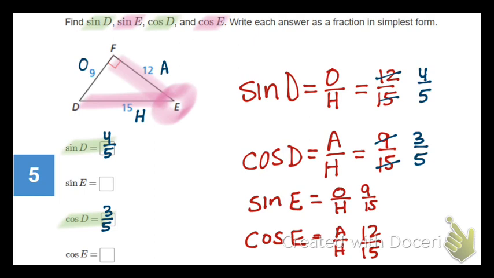And we already found that if we divide those by 3, we'll get 3/5 and 4/5. So when we go to fill in our answer on the digital assignment for the sine of E, we'll fill in the fraction 3/5. And when we fill in our answer for the cosine of E, we'll fill in the fraction 4/5.